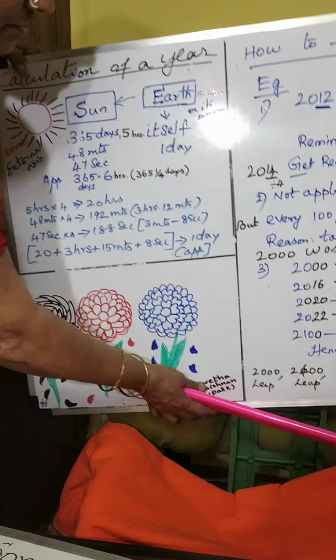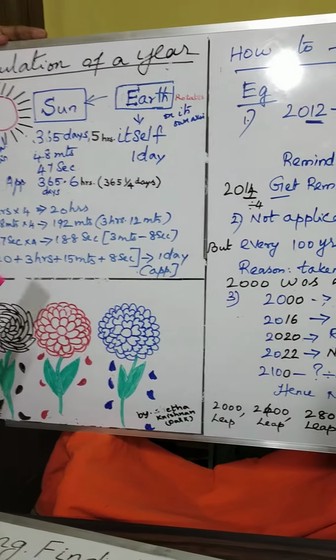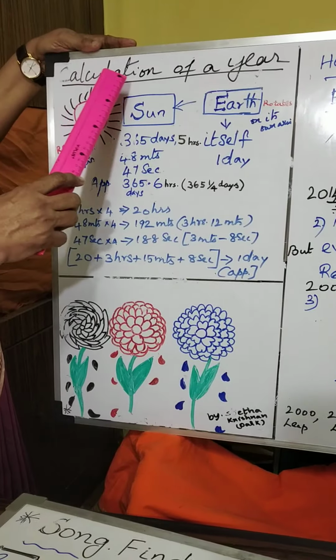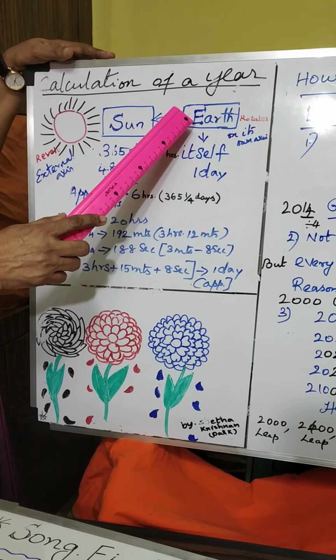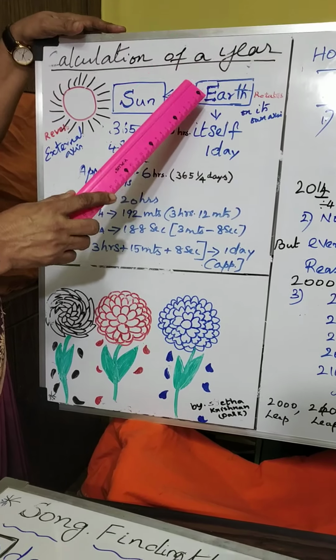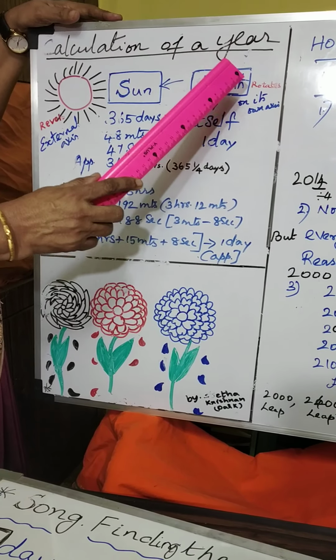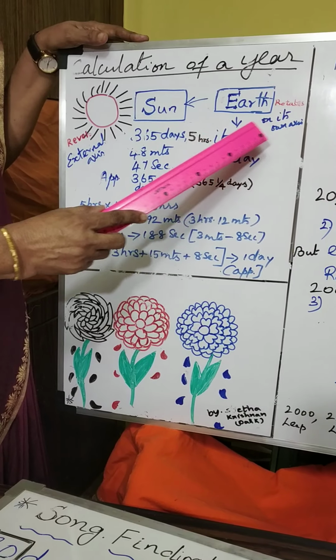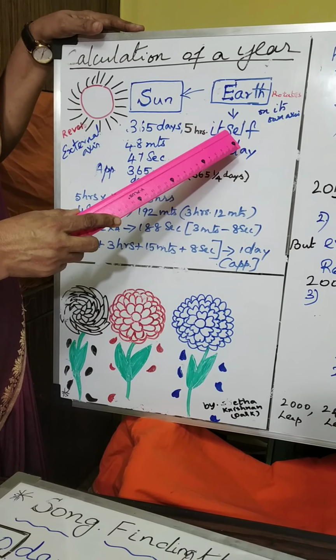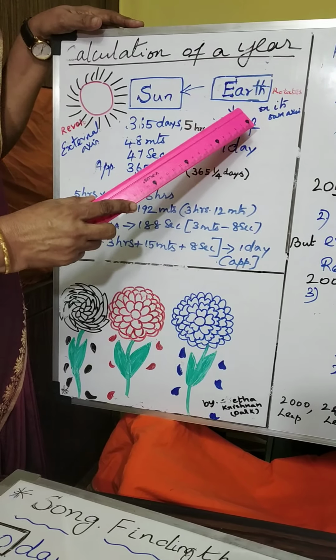Now, look here. Calculation of a year. We all know Earth is a planet. Earth rotates on its own axis. If it rotates on its own axis, it takes 1 day. It is called rotation.